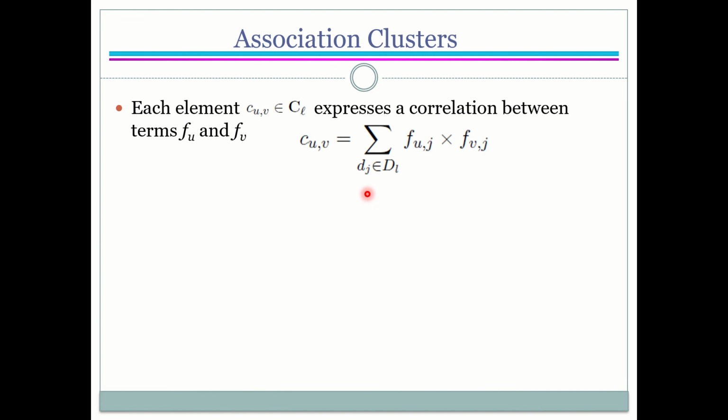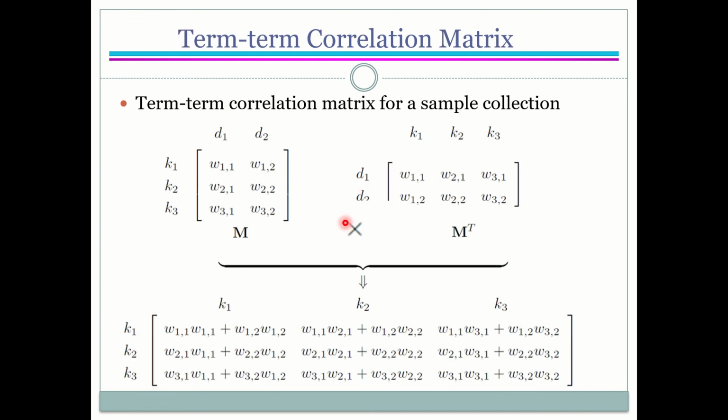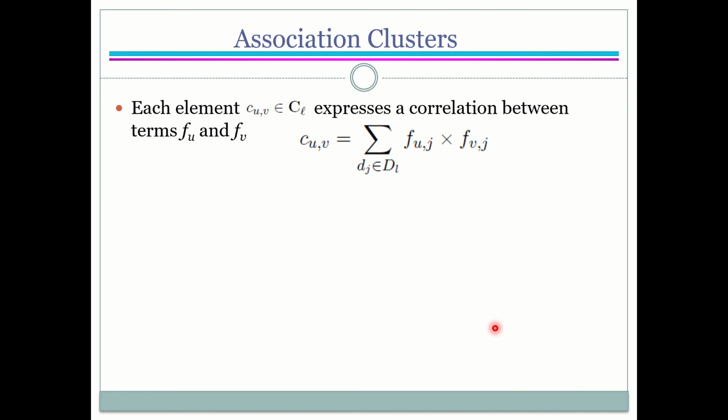For each element in this section, it is basically the multiplication of feature U and feature V in the same document.